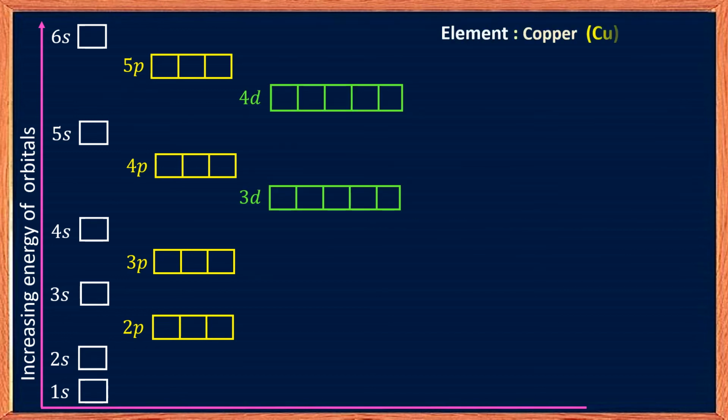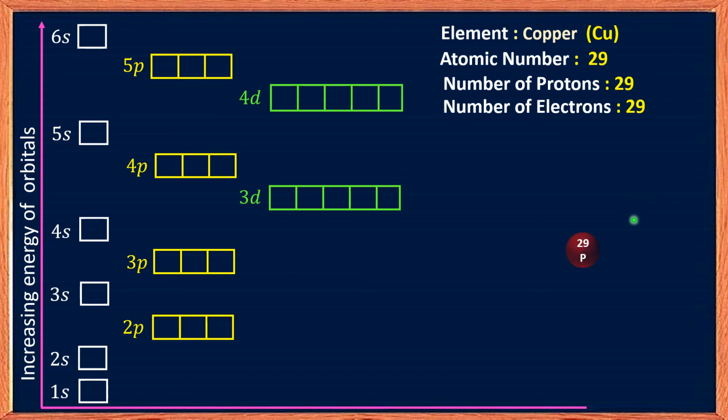Next, the element is copper, Cu. Its atomic number is 29, number of protons are 29, number of electrons are 29, and 29 protons are there in its nucleus. 29 electrons are revolving around the nucleus.